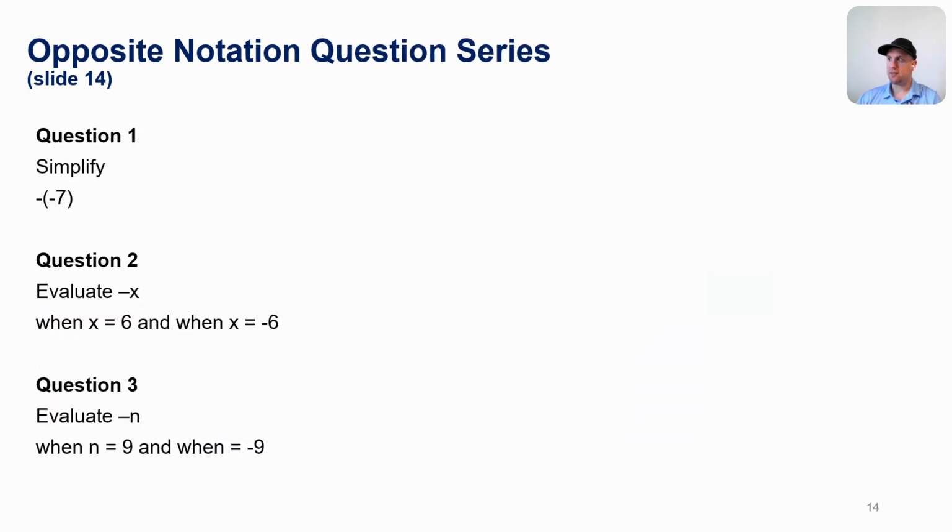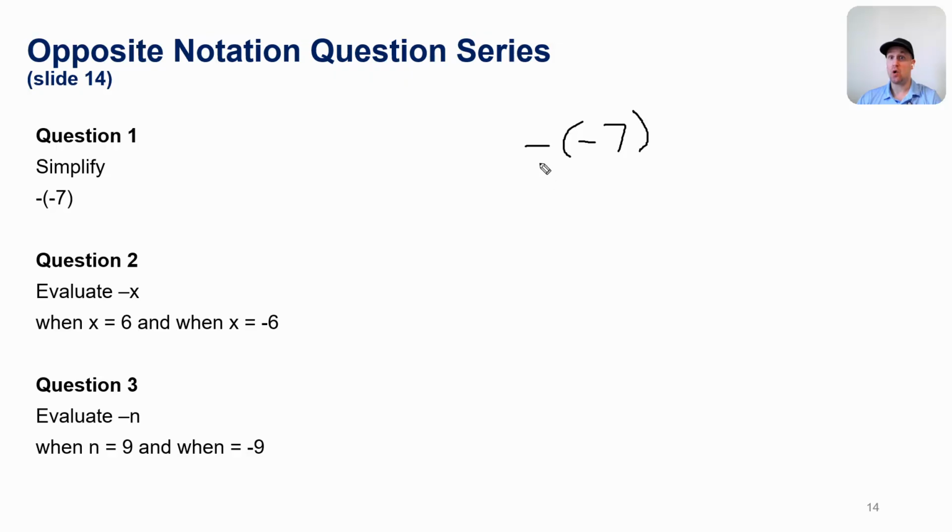So let's apply a few questions to this opposite notation. Let's say we first started with the question, simplify negative, parentheses, negative 7. Again, what is this saying? This is stating that I have a negative symbol on the outside of a negative 7.